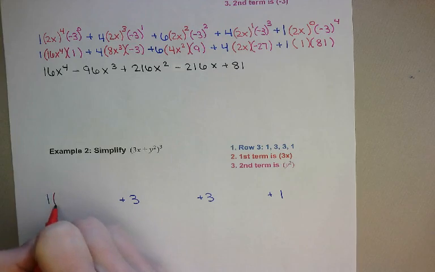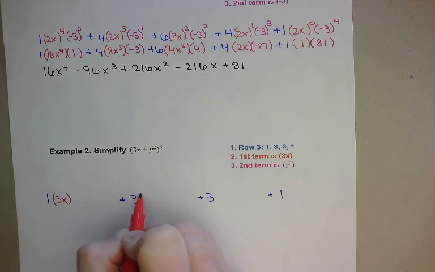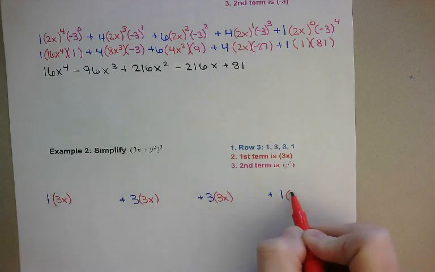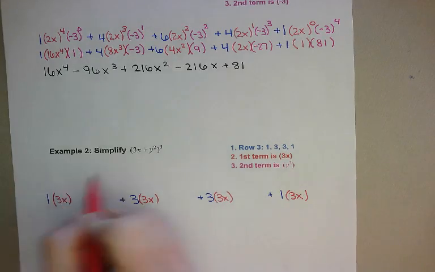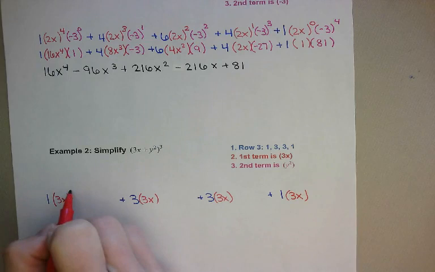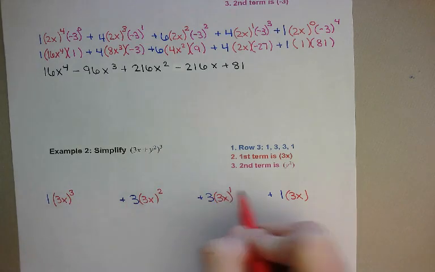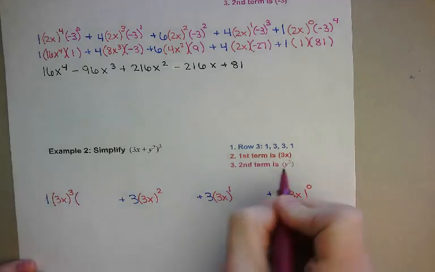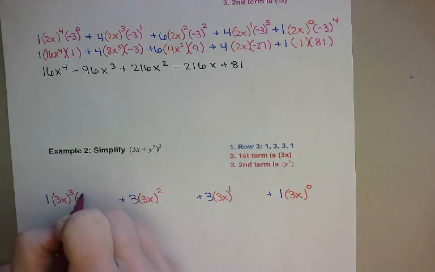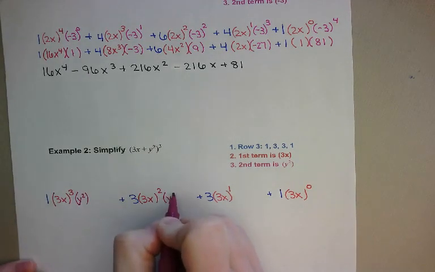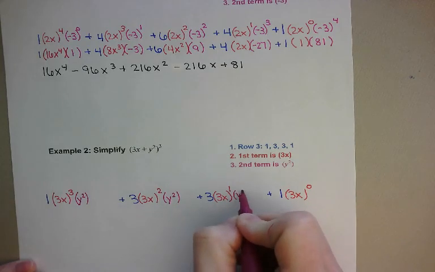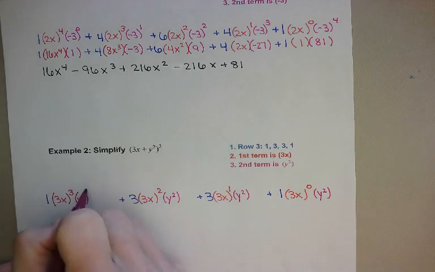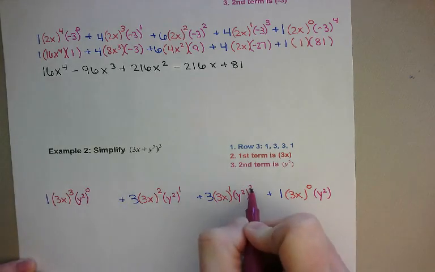So my first term, I've got 3x. Remember, these exponents start off at the degree, so it's 3, and then they decrease. Your second term, so the y squared, remember that these start off at 0, and then they increase.